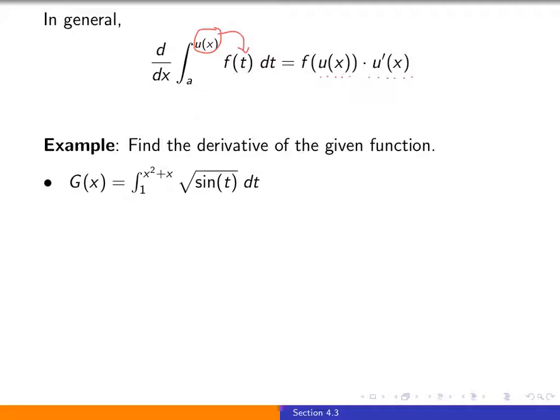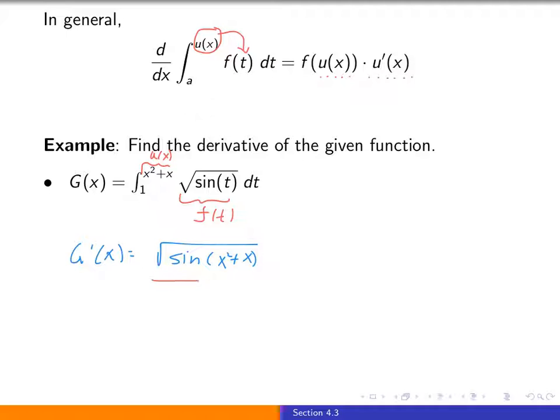So one more example. The square root of sine t is going to play the role of f of t, and the x squared plus x is going to play the role of u of x. And what we do is we take that u of x and we plug it in to sine of t. So g prime of x is going to be the square root of the sine, and the t becomes our u of x function, x squared plus x.